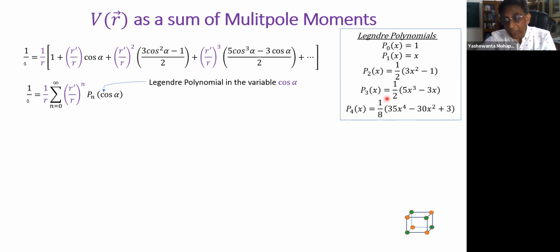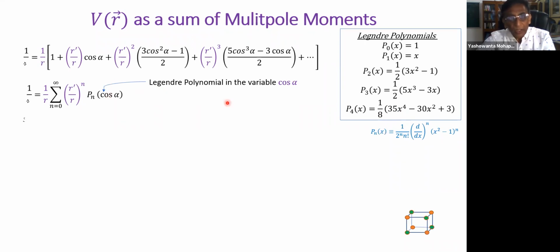But they can be generated also from this: P_n(x) is the nth derivative of (x squared minus 1) to the n. We are not going to use this in this course, but this is a generator of these functions. For us, x is cos alpha.